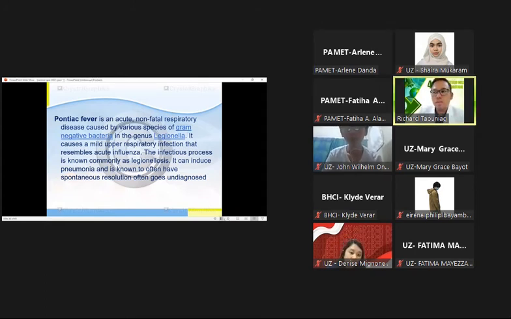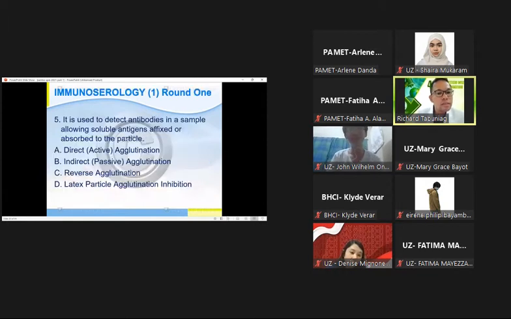For immunoserology. It is used to detect antibodies in a sample, allowing soluble antigens affixed or absorbed to the particle. A. Direct active agglutination. B. Indirect passive agglutination. C. Reverse agglutination.